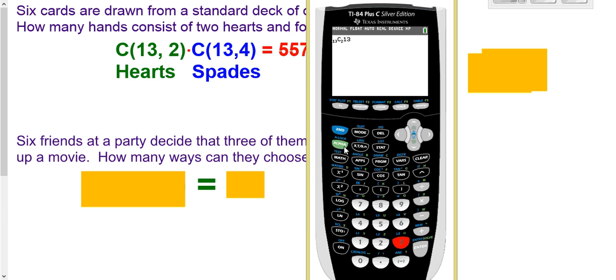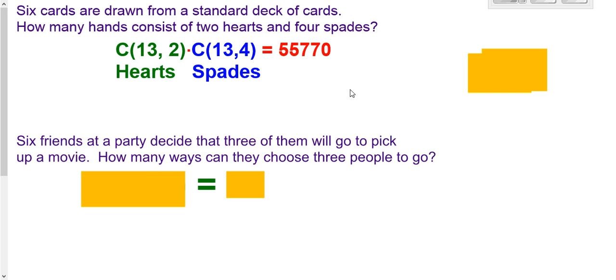So I'll go 13, math, arrow over to prob, number 3 for combinations, and then you could type in 4. And you would get the same answer. So combinations and permutations, the formulas are already pre-programmed into your calculator.